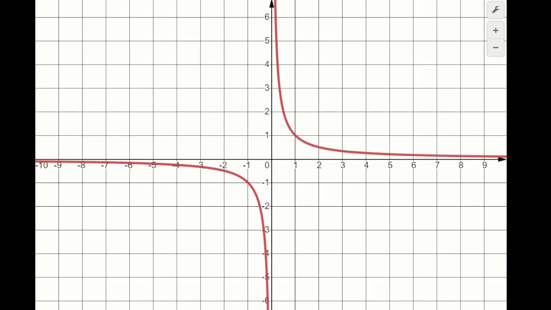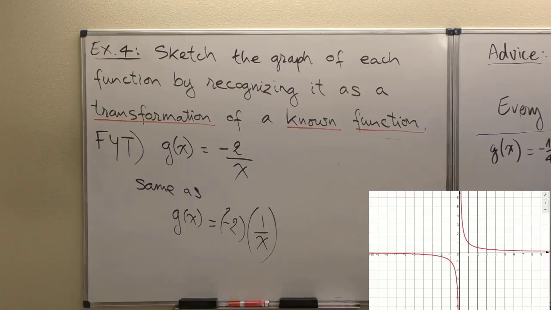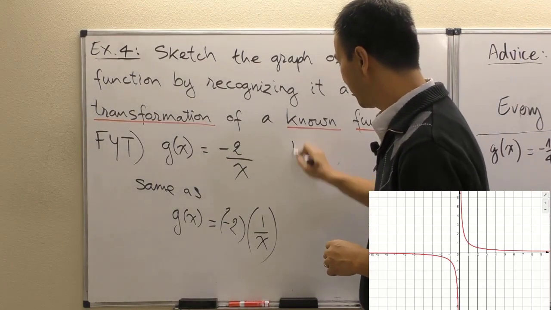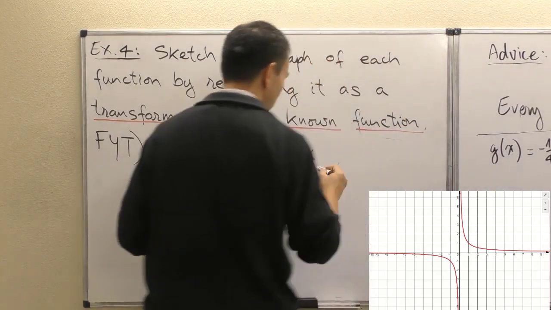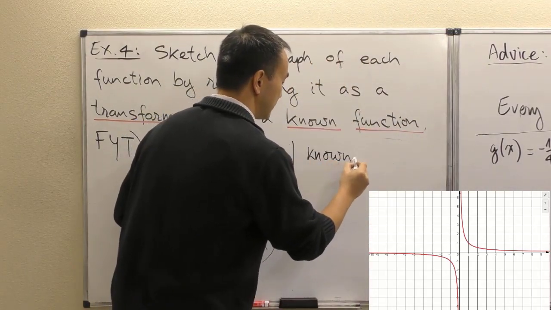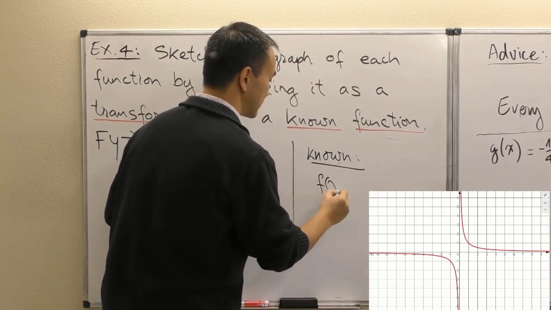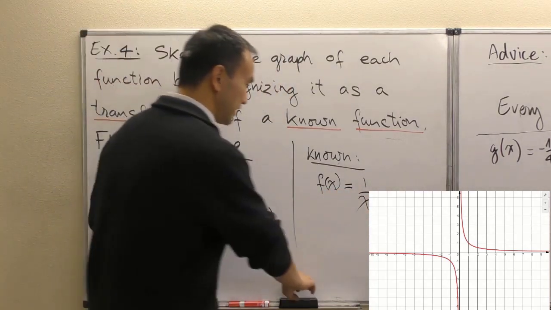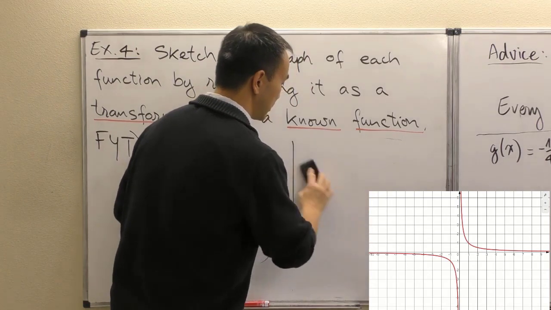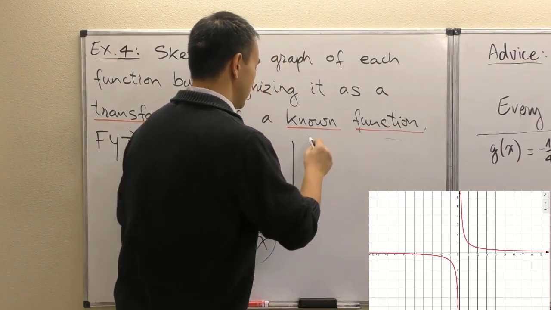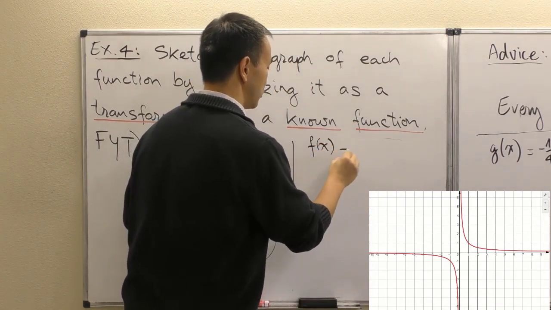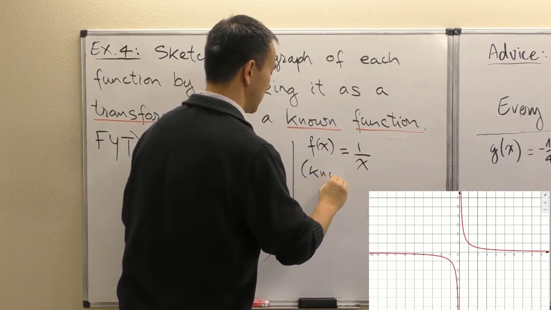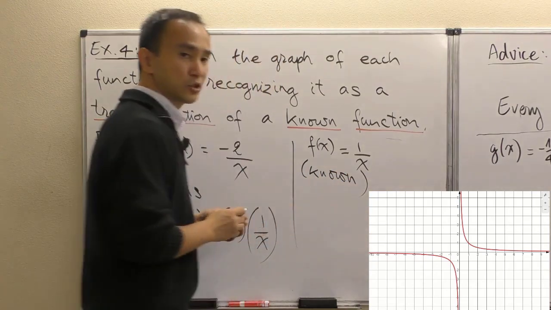As far as just an answer, I can tell you the known function to be recognized is f of x equals 1 over x. Anything else I expect you to get done on your own independently. So f of x equals 1 over x. This is the known function, known from the toolkit functions.